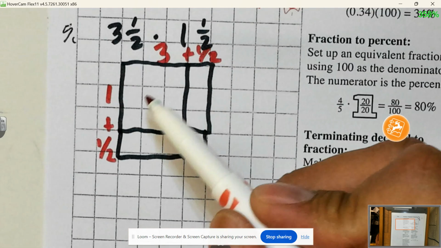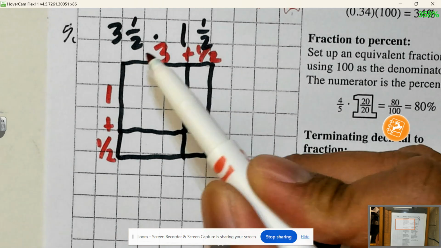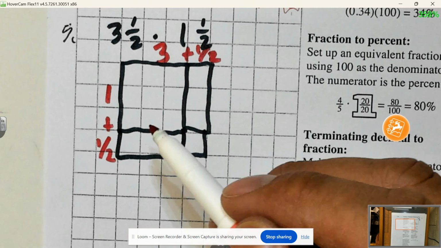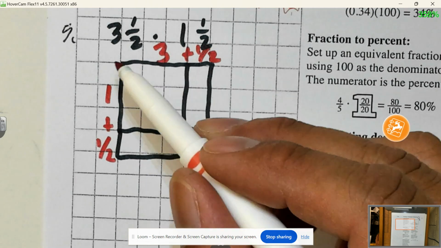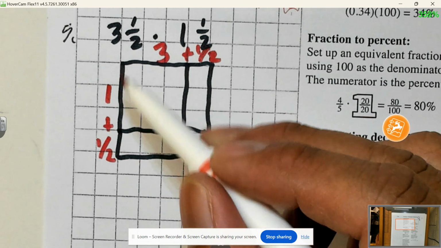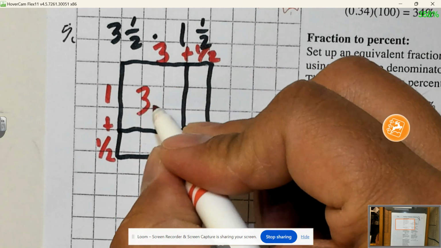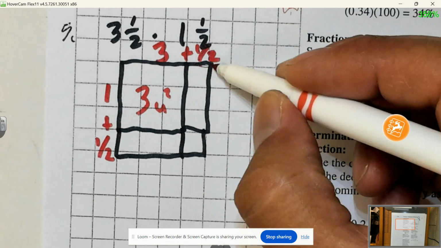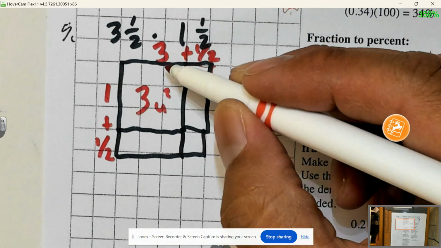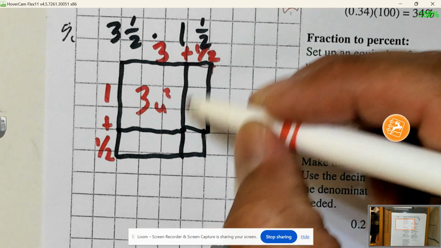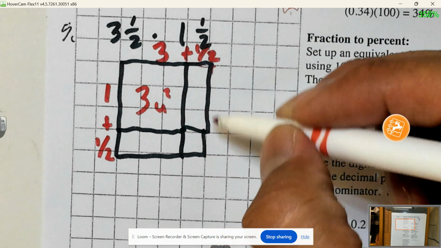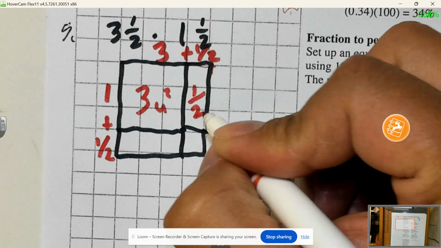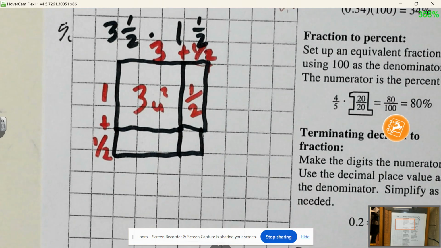So what we're going to do is find the area of each of these, where this is a 3 by 1 unit rectangle. What would be the area if the base and the height were 3 and 1? 3 times 1 is 3, so that's 3 square units. Then this one is 1/2 by 1, so it's a 1/2 square unit rectangle.